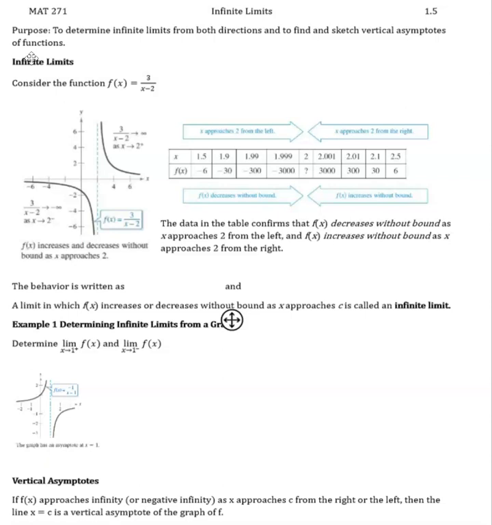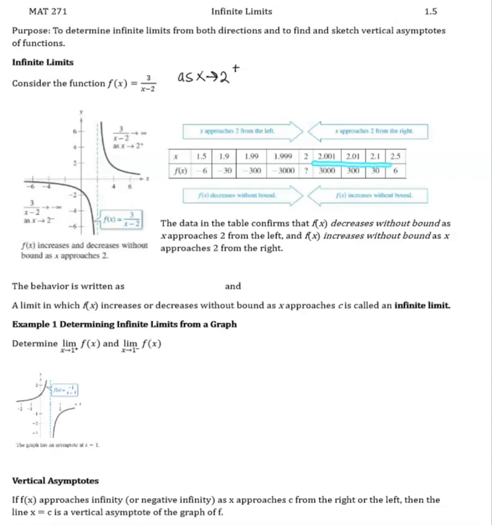So let's start with what happens as x approaches 2 from the right. As x approaches 2 from the right, I'm going to be on the graph moving into 2 from the right side, and we can see that the graph is shooting up towards positive infinity.